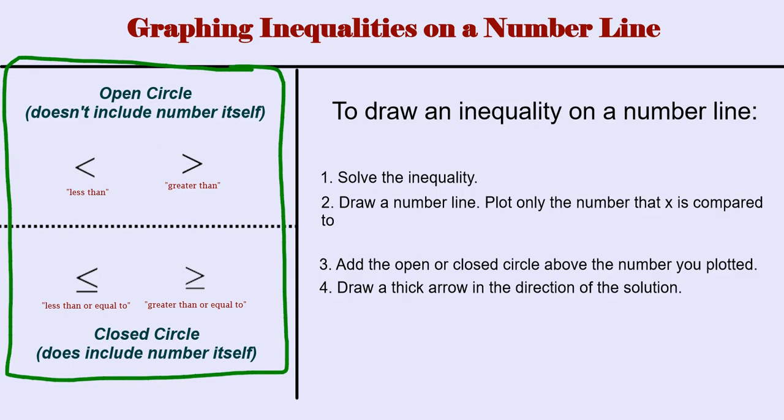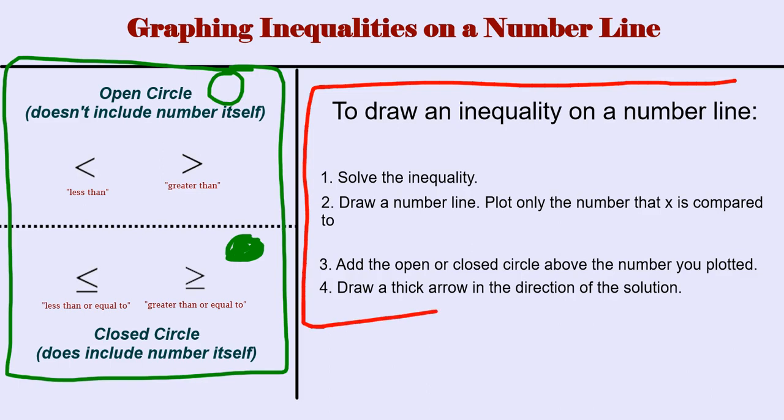If it's just a less than or greater than, then we have what's called an open circle. If it's a less than or equal to or a greater than or equal to, we have a closed circle, which is just a circle that's filled in. You're also going to copy down this process right here. So go ahead, pause the video, copy those things down, and come back when you're ready to work through this a little bit more, see some example problems, and then go through some practice on your own.